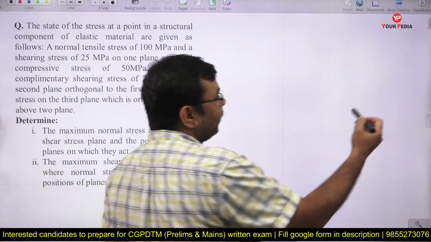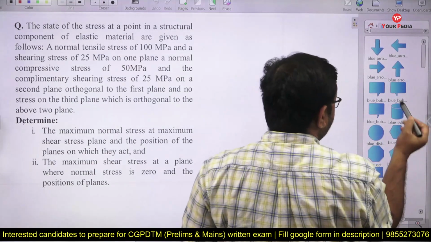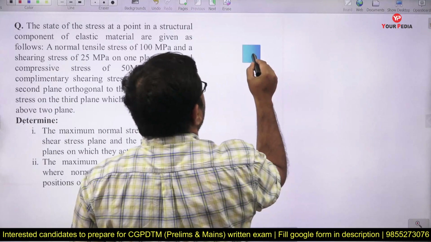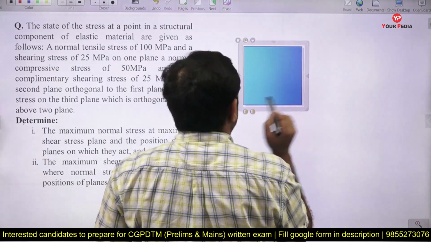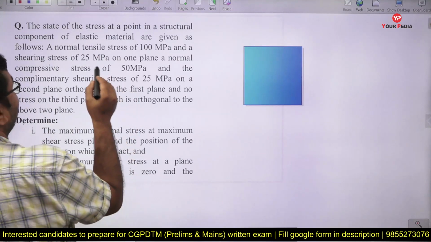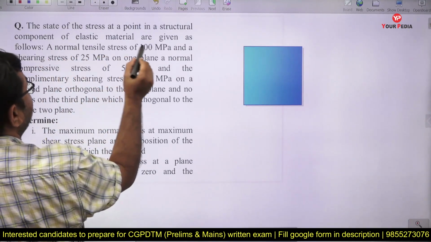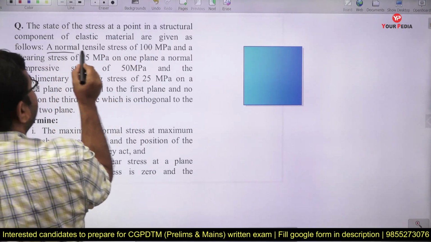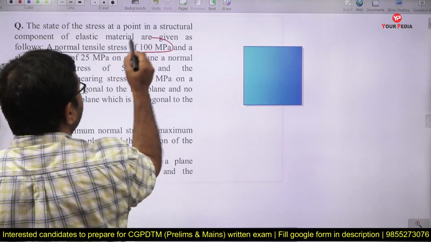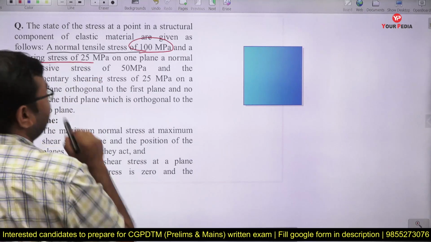So how to write a state of stress, you can see here. The state of stress at a point in a structural component of elastic material is given as follows: a normal tensile stress of 100 megapascal and shearing stress of 25 megapascal.